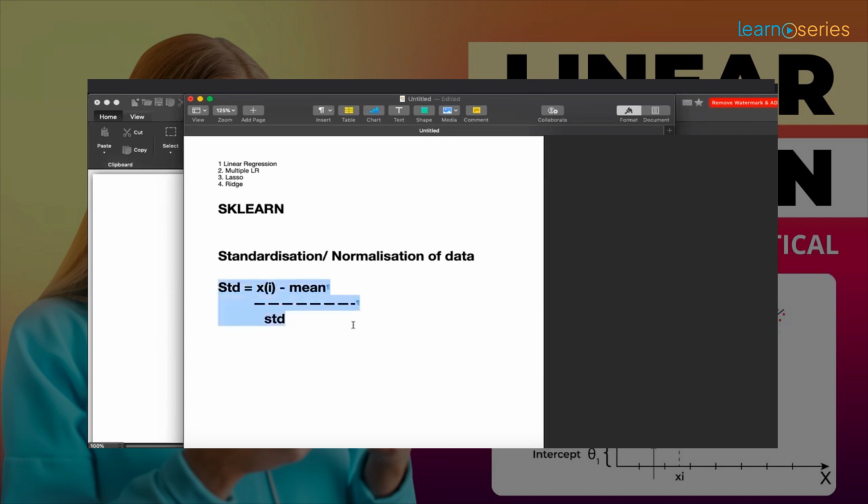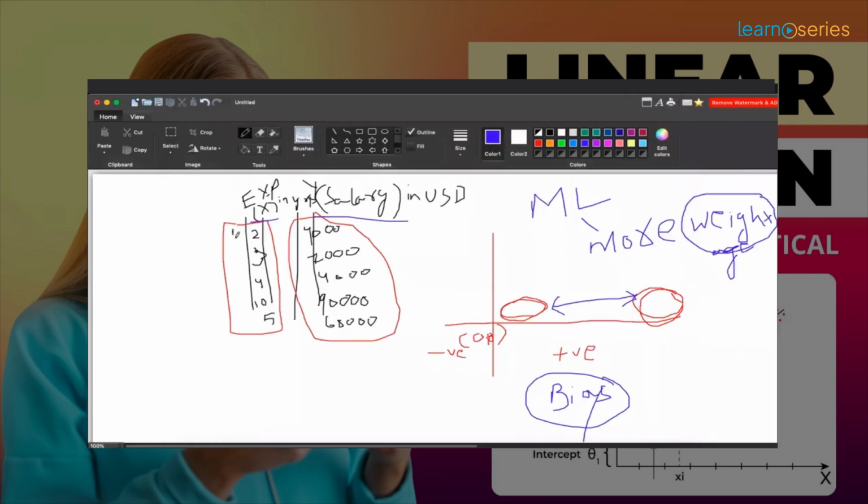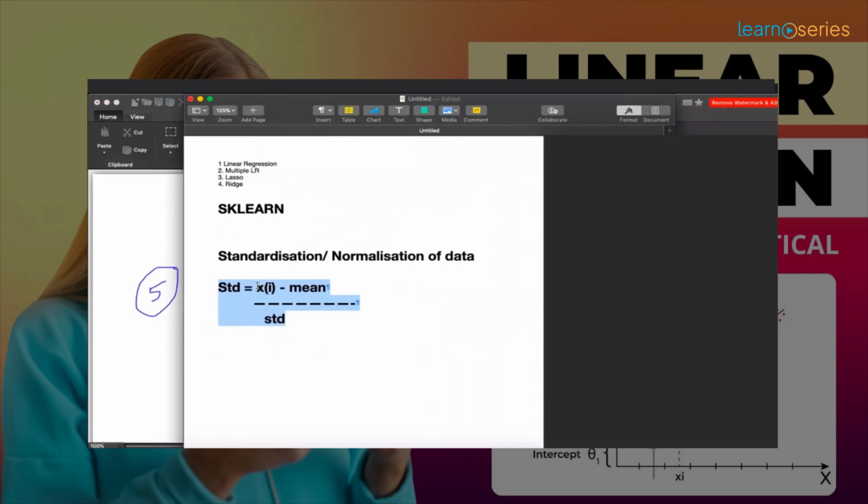This is called standardization. What you are doing is standardizing each column. You take the mean of the column, suppose 2, 3, 4, 10, 5, divided by 5, so the mean will be around 5. It's the summation of xi divided by n.